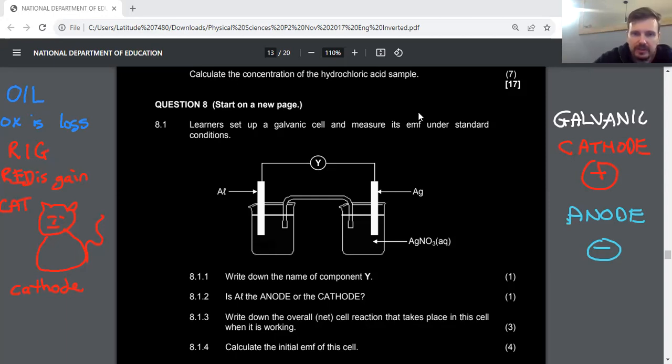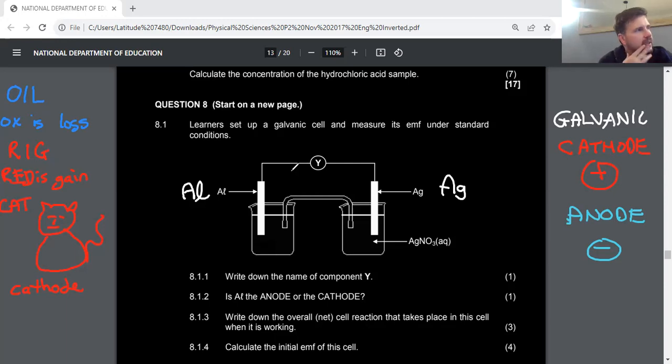So now what we can do is we know that you've got aluminium and we've got silver. Y is obviously a voltmeter because that's going to measure the voltage.